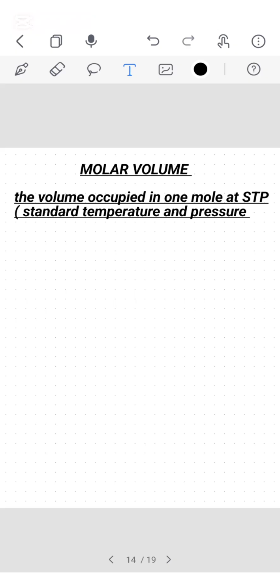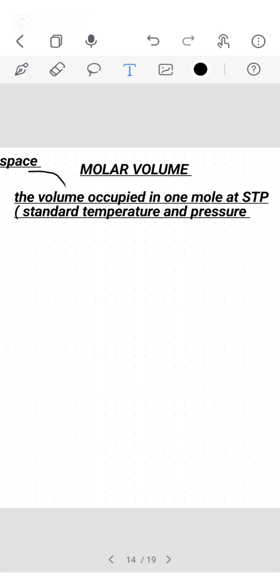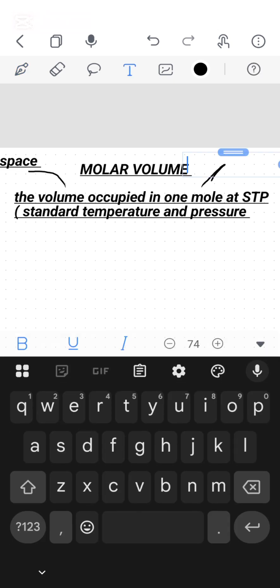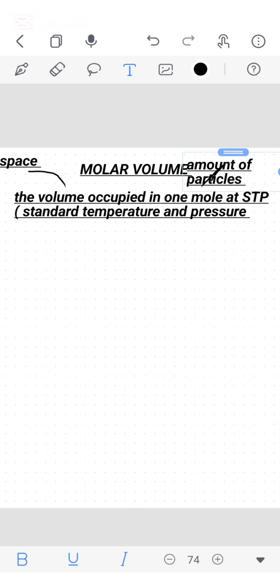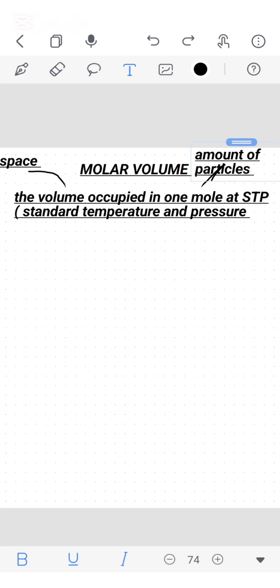Basically, volume is space, and this mole is an amount of particles.